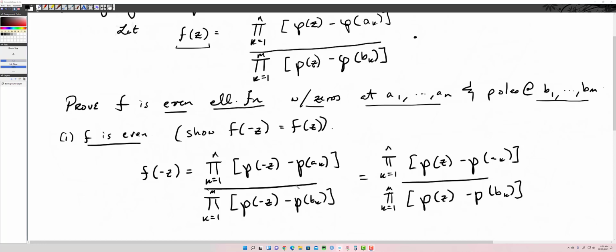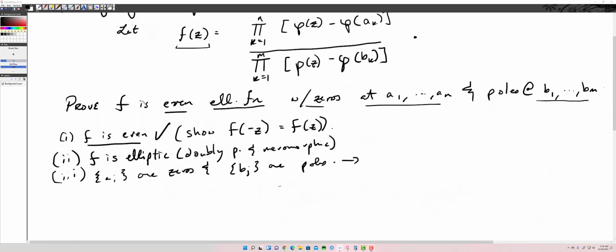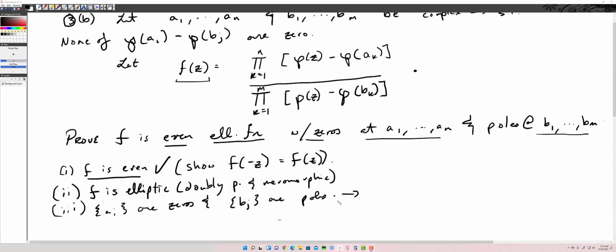So I've plugged in minus z in all of these, but the thing is that p is even. So this right here, f of minus z, is the same thing as switching these z's back, which is f of z. So good. We have that it's even. Okay, so this part's pretty easy.